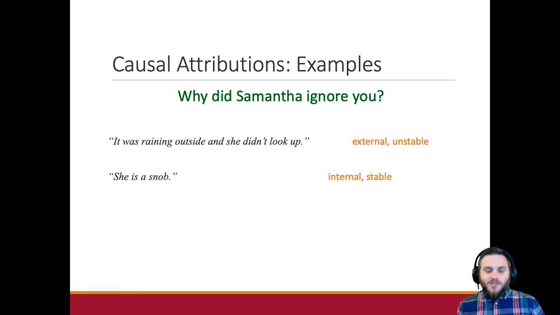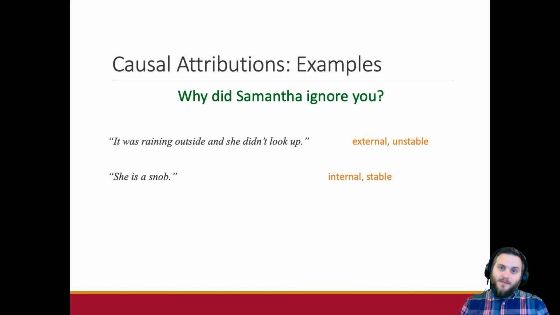Now let me compare it to the second one, which is the opposite, essentially. She is a snob. Very quick causal attribution about Samantha. Snob is something about her, Samantha, and snob is a personality trait.